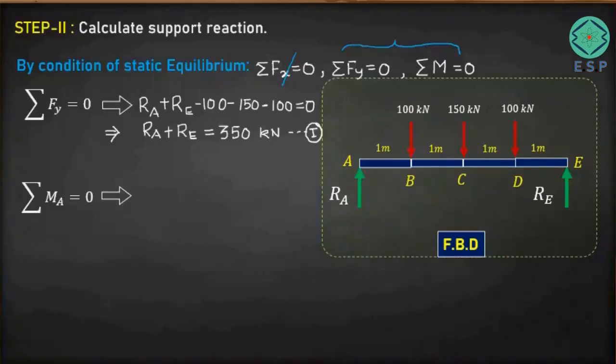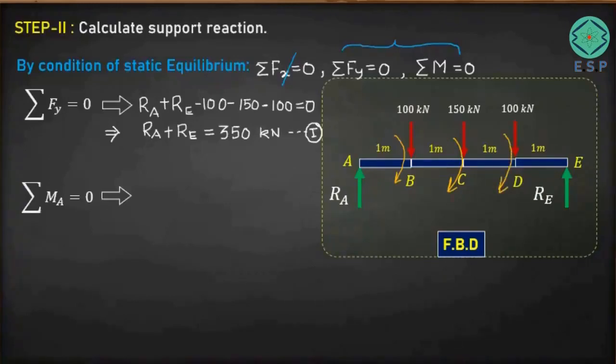When I take moment about point A, the moment due to RA will be 0 because RA is acting at the same point. So there won't be any moment caused by force RA. Moment will be caused by 100 kilonewtons. So 100 kilonewtons is acting like this, and its distance from point A is 1 meter. It is going to cause this kind of moment, which is called a clockwise moment. The 150 kilonewton also will cause a clockwise moment, and this 100 kilonewton will also cause a clockwise moment.